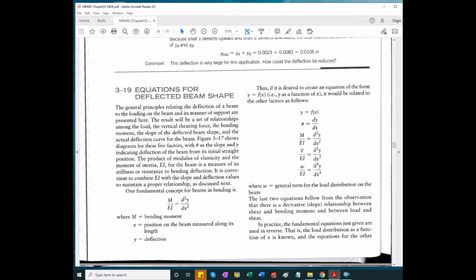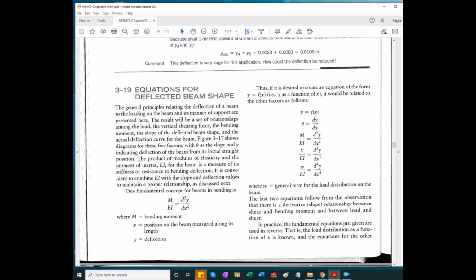E times I is beam stiffness at the location. And if we have distributed force, it could in general be any shape, linearly varying, parabolic, or constant.